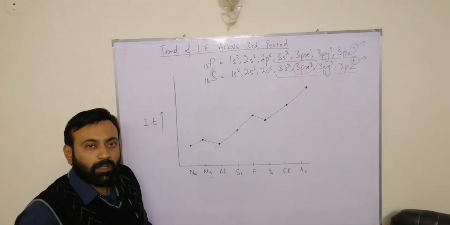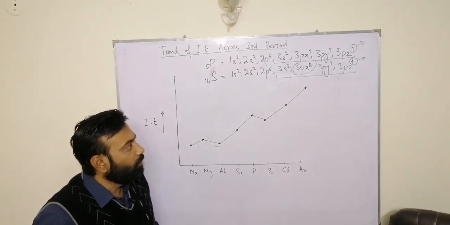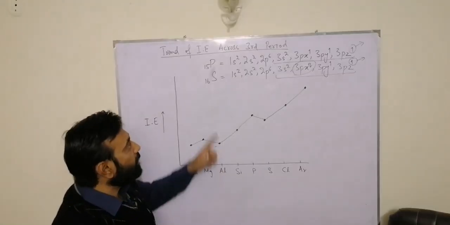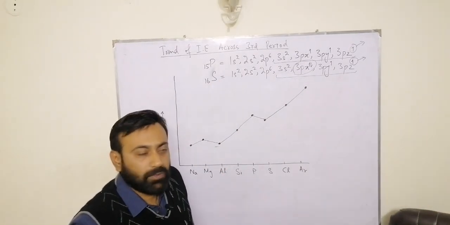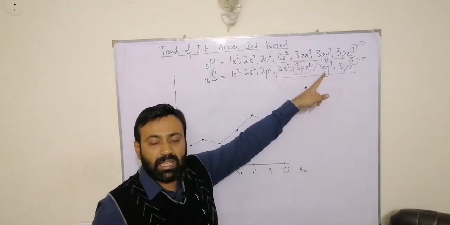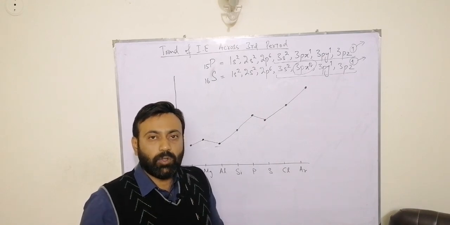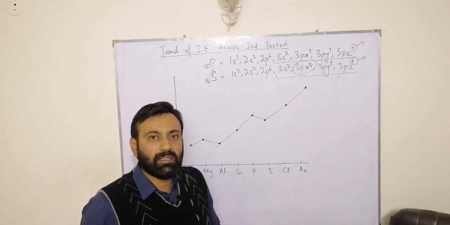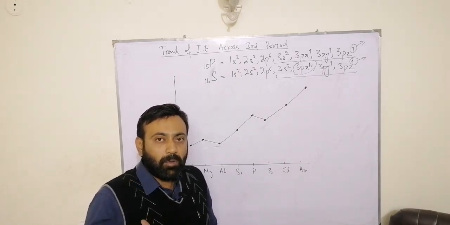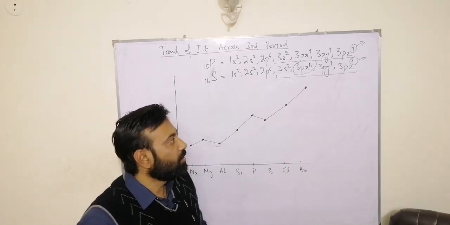Now let us take a look at the second minor factor. What was that? It was the stability of a subshell. If you look at the electronic configuration of phosphorus, you can see that its 3p subshell is half filled. It contains 3 electrons, and as I told you, half filled subshells are partially stable, and a little more energy is required to remove an electron from a stable subshell.